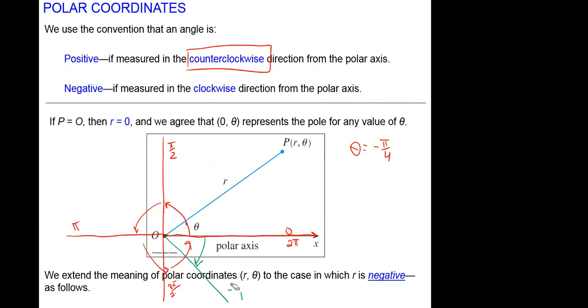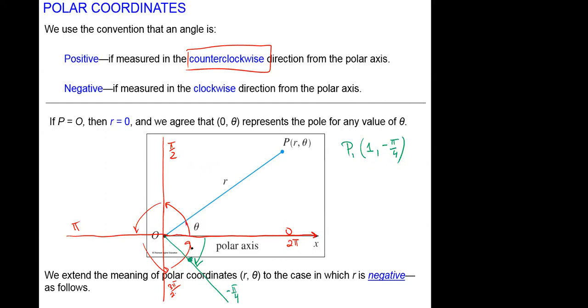And now the first question for you, negative pi over 4. Or maybe we can plot the first point before the question. Let's say the same 1, negative pi over 4. I have to find my angle, negative pi over 4, which is that green line, and just distance 1.